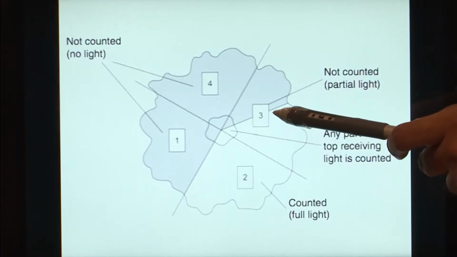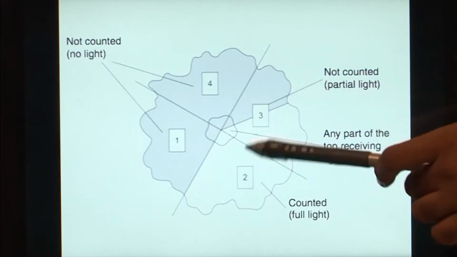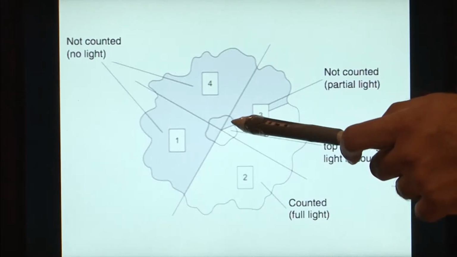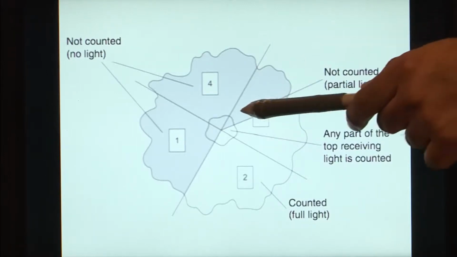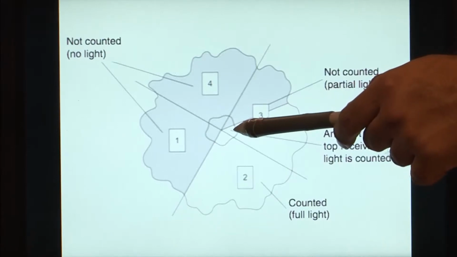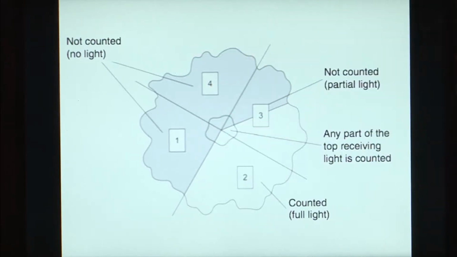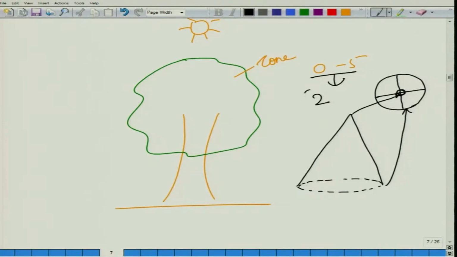If it is not receiving light completely, it will not be counted. But in the case of the top portion, if it is receiving any amount of light, it will be counted. So this top portion will be counted in this case because it is receiving light in this part and this part. So out of the 5 parts, part 2 is receiving light and the top part is receiving light. So only 2 parts are receiving light. In this case, the value, on the scale of 0 to 5, will be 2.